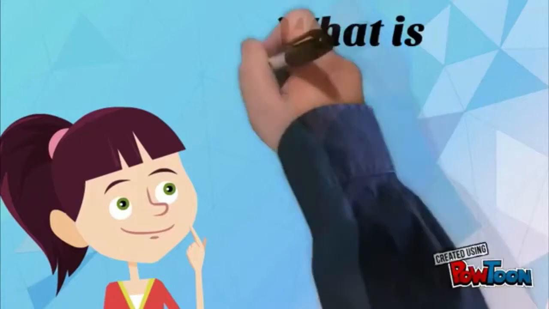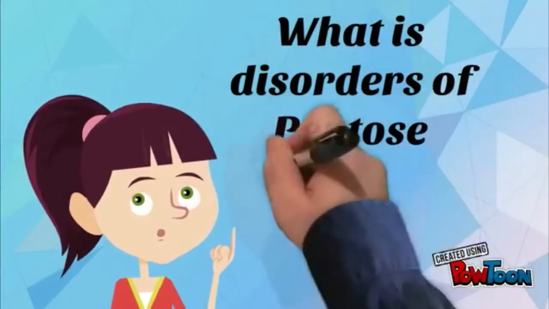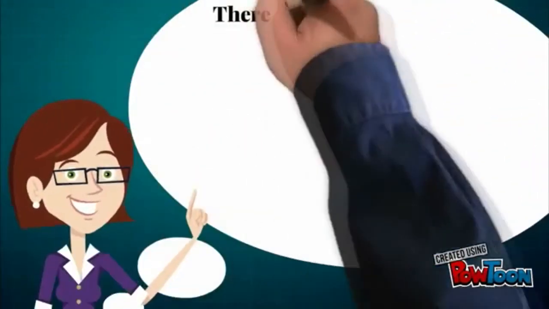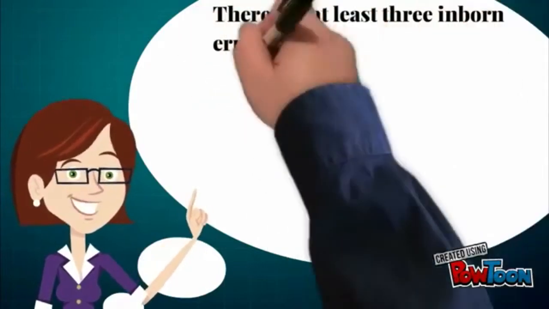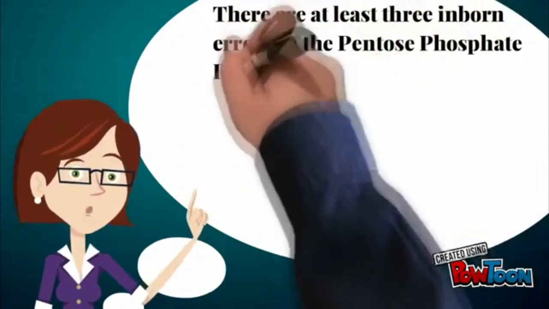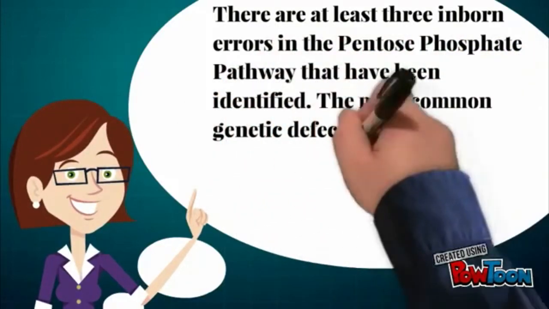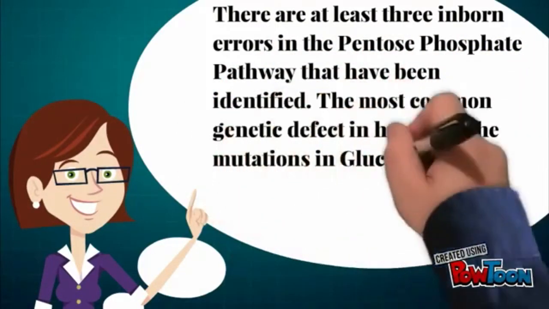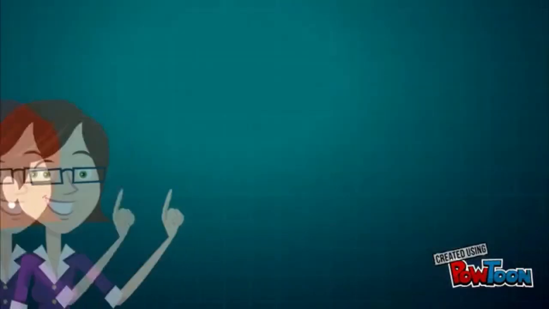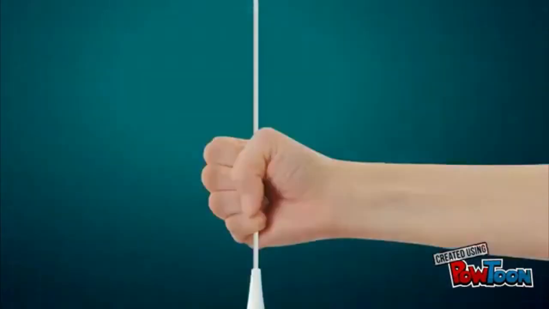Now I'm going to talk about the disorders of pentose phosphate pathway. There are at least 3 inborn errors in the pentose phosphate pathway that have been identified, and the most common genetic defect in humans is the mutation in G6PD causing G6PD deficiency. So what is G6PD?